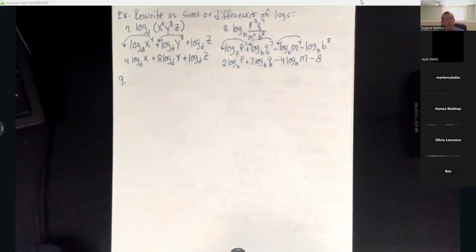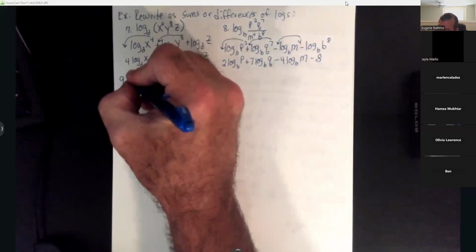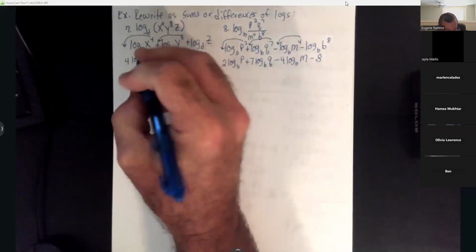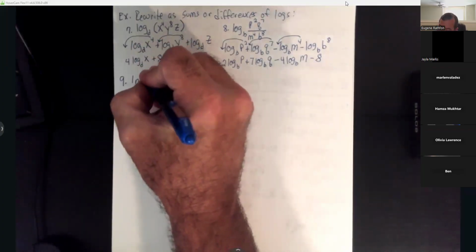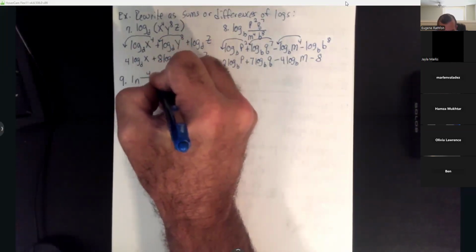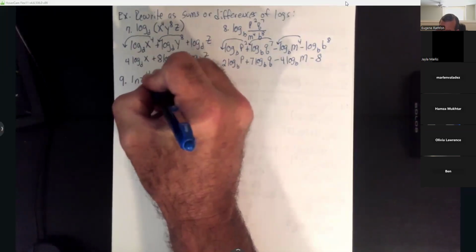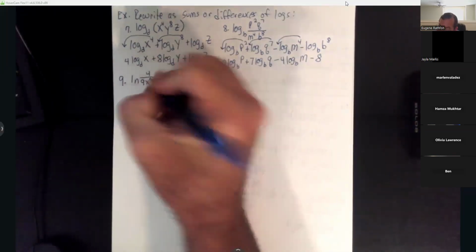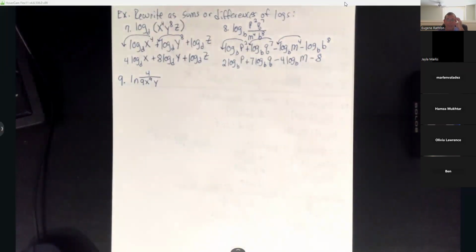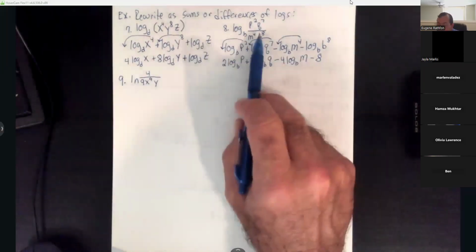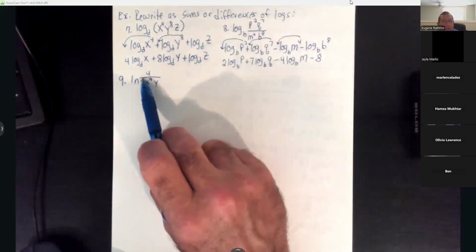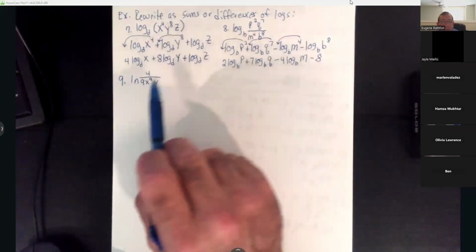All right, so let's see. They're throwing one with ln at us. ln of 4 divided by 9 x to the ninth y. Now I will do this ln just like I did this log. Anything from the top will be positive.